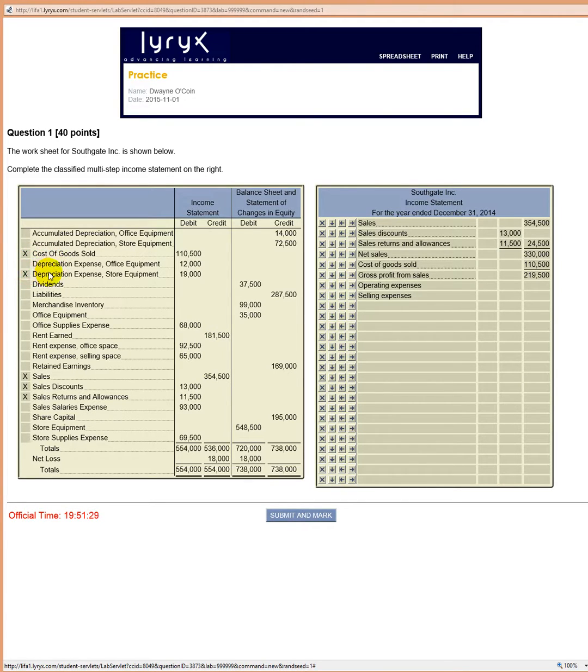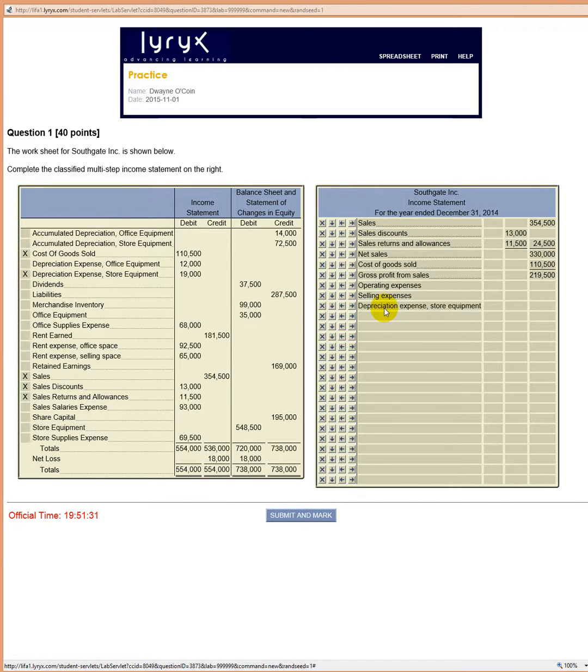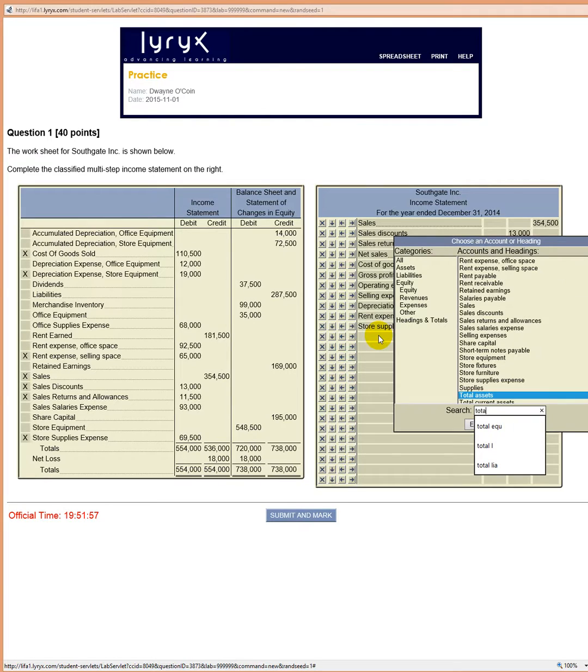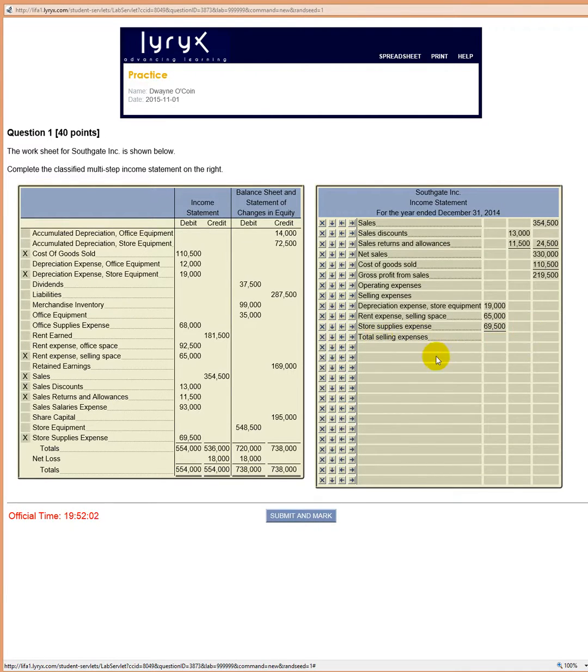Well, depreciation expense on the store equipment would qualify for $19,000, and office supplies wouldn't, but rent expense on the selling space would. $65,000. We had store supplies expense, and there we have it here as well, $69,500. And then we will have total selling expenses, which would be the total of all of those.